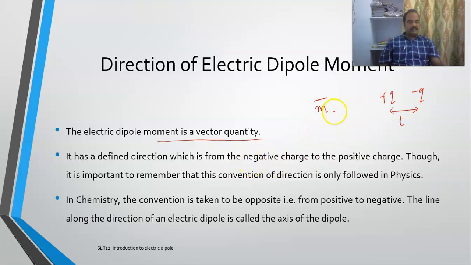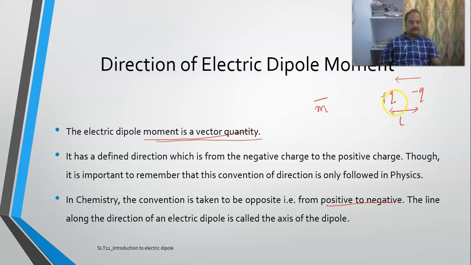Normally the direction of this dipole moment will be from left to right. This is the convention direction which we follow in physics. But in chemistry, the convention is taken in the opposite direction, from positive to negative. So whatever we take, whether it is positive to negative or negative to positive, what we are supposed to remember is dipole moment is a vector quantity and it will be having a direction.